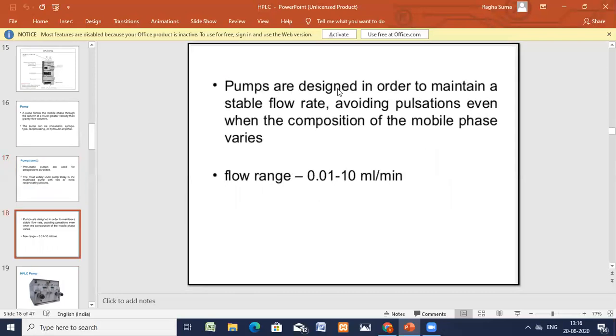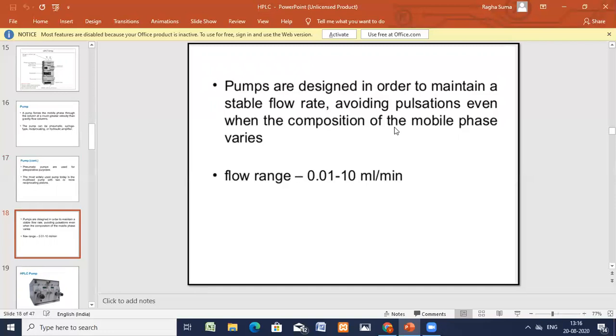These pumps are designed in order to maintain a stable flow rate, avoiding pulsations, even when the composition of the mobile phase varies. The flow range is 0.01 to 10 ml per minute. Sometimes the mobile phase is the same, sometimes the mobile phase will be changing.